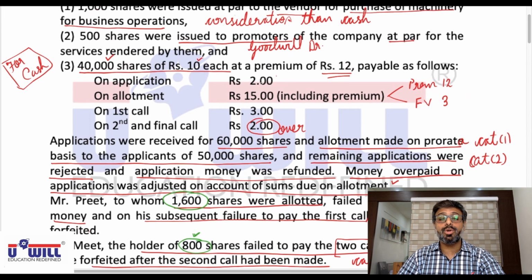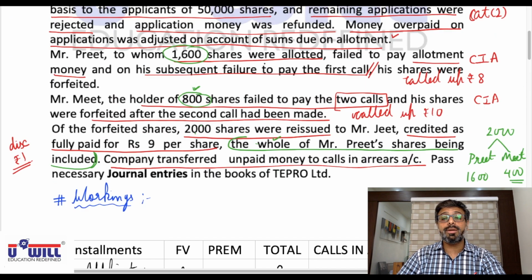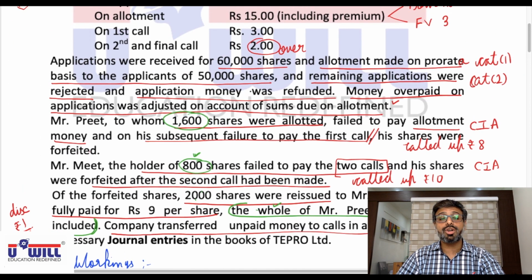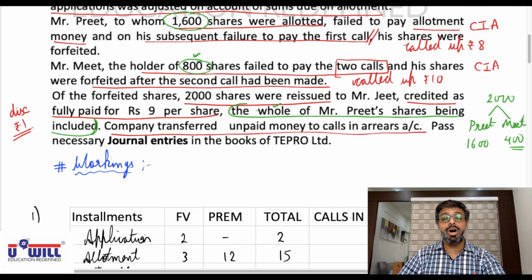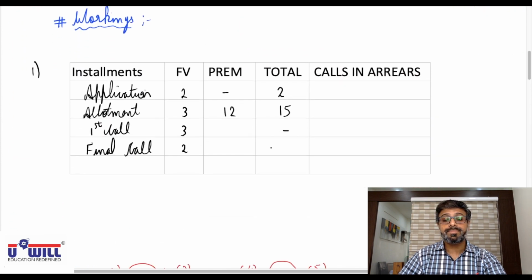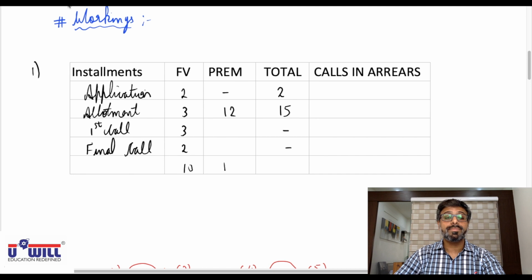Amounts: face value 2 of application, allotment as we have done, face value 3, premium 12, total 15, first call 3 rupees, final call 2 rupees, total 10 plus 12, 22.